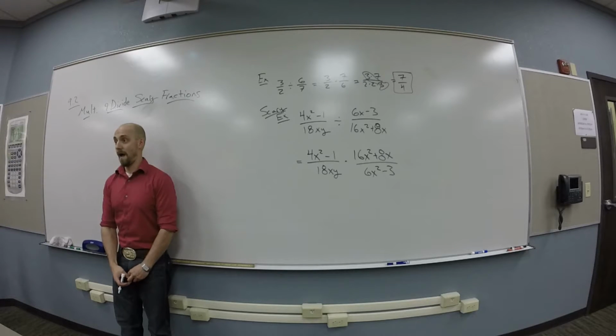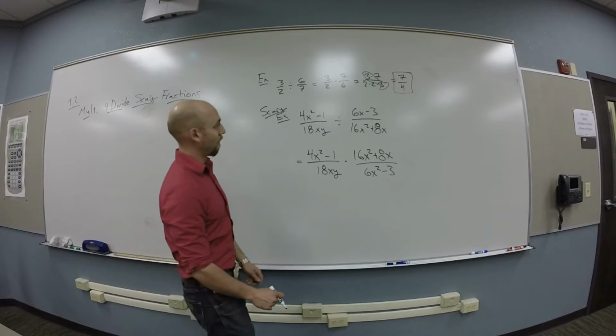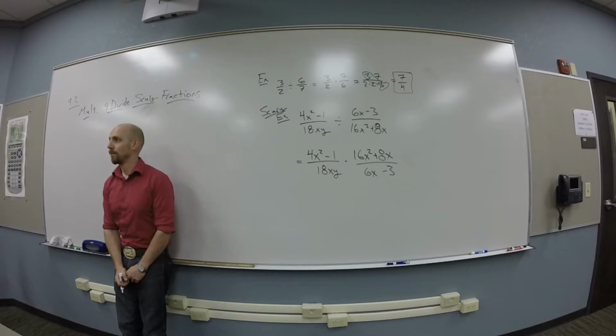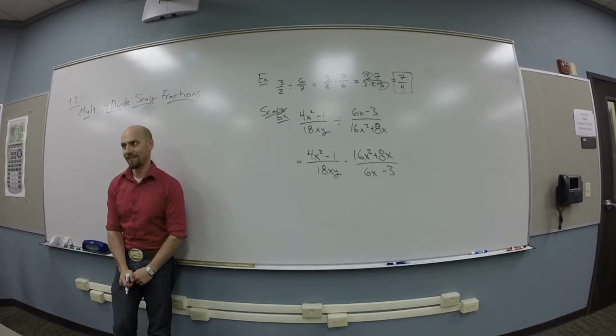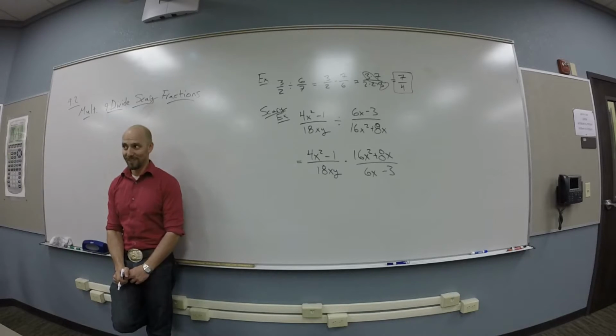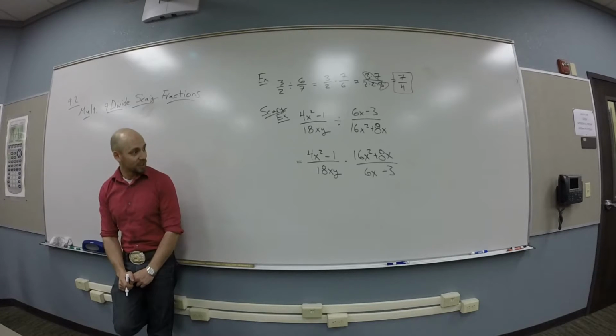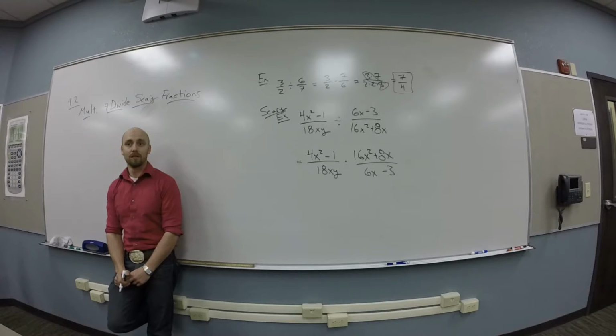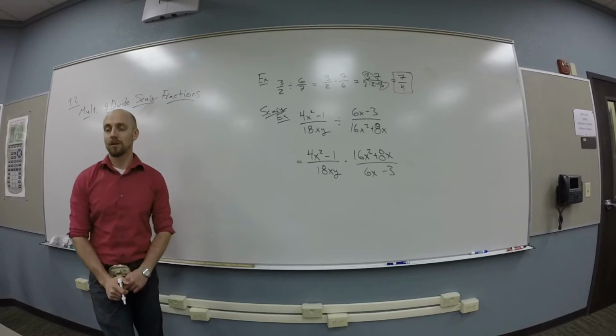Squares don't just crop out of nowhere, sorry, that's not a rule. It's just bad handwriting. Okay, so I got 6x minus 3 on the bottom. Now what? We can take an 8 out of the top one. 4 might work better.